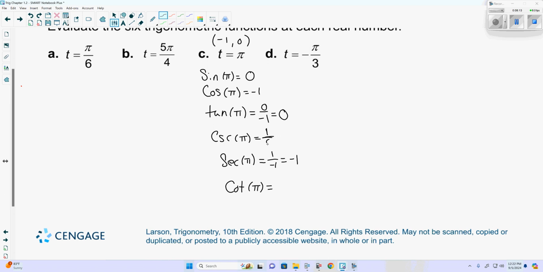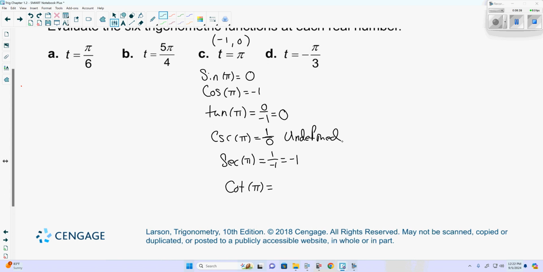Well, what's the y value? 0. What is 1 over 0? What are we dividing by? Remember, we can't divide by 0. So cosecant is undefined at pi.